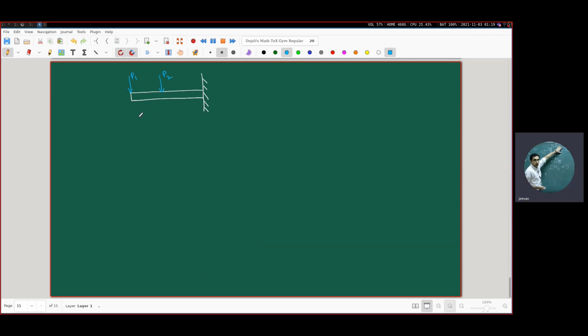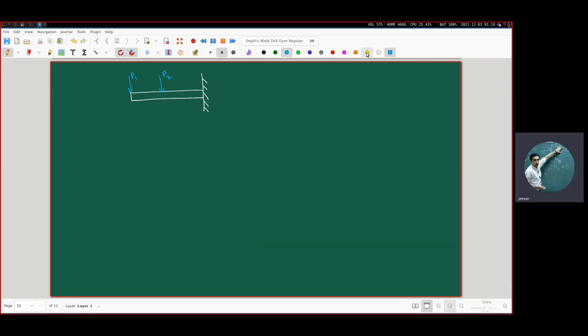Okay, my question is that I want to find out the deflection at this point of application of the force P1. Alternatively, I may as well ask what is the deflection at the point of application of this force P2. And the only method that I'm now allowed to use is the conservation of energy principle.